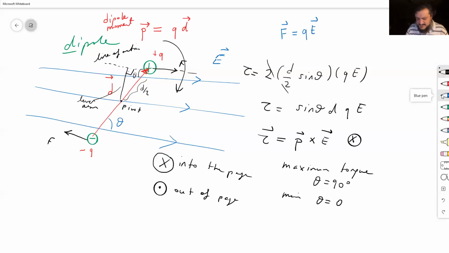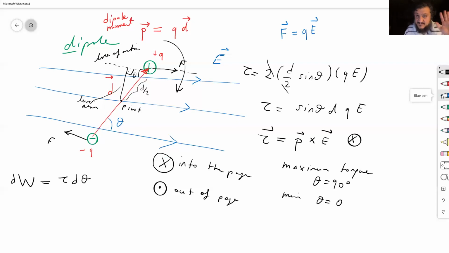All you have to do is find the work done by the torque, right? So this torque changes with angle. The infinitesimal amount of work done by the electric field in this case would be tau times d theta, right?